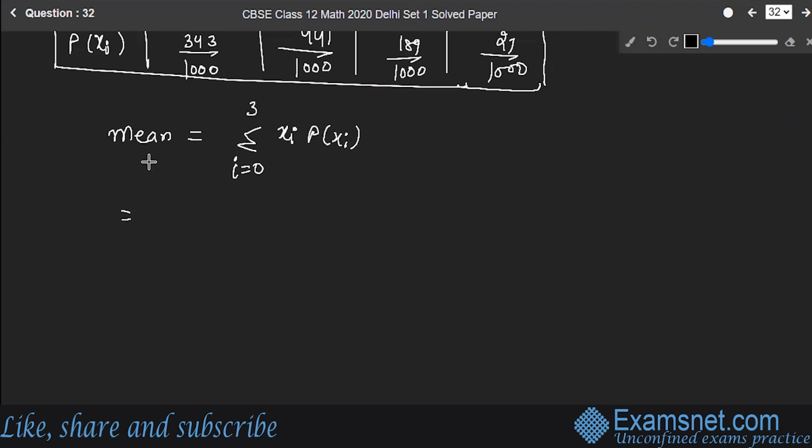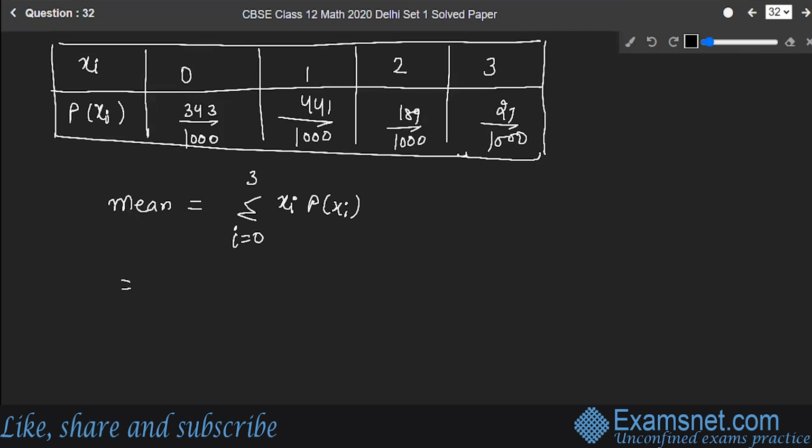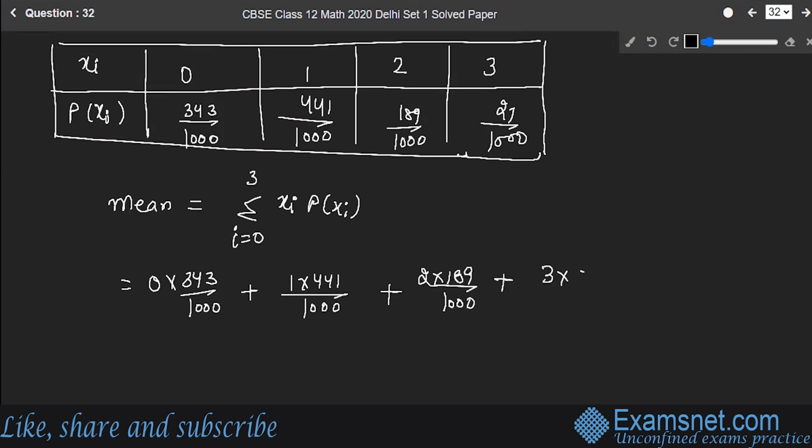So this is equal to 0 into 343 upon 1000 plus 1 into 441 upon 1000 plus 2 into 189 upon 1000 plus 3 into 27 upon 1000. Hope we are clear till here.